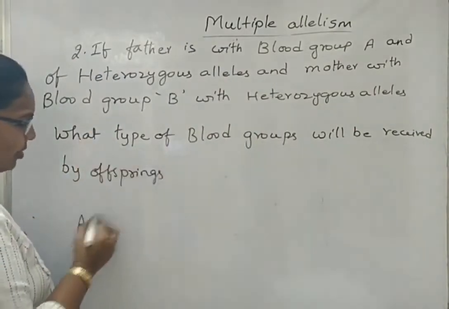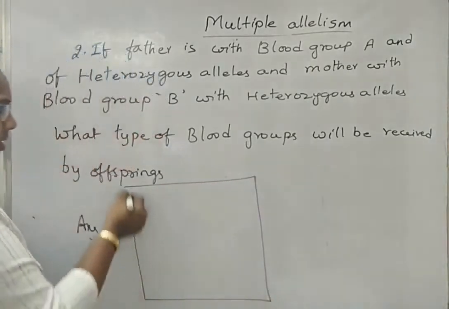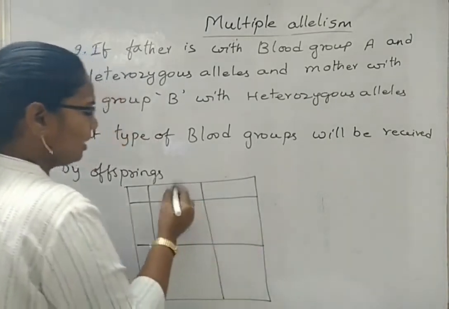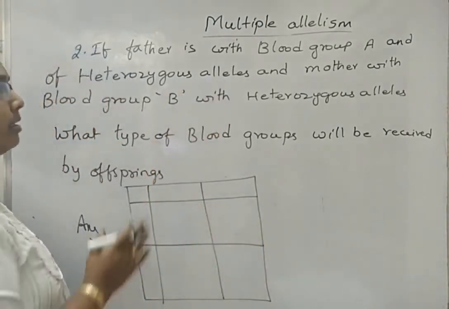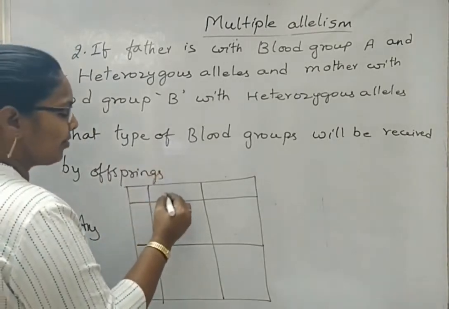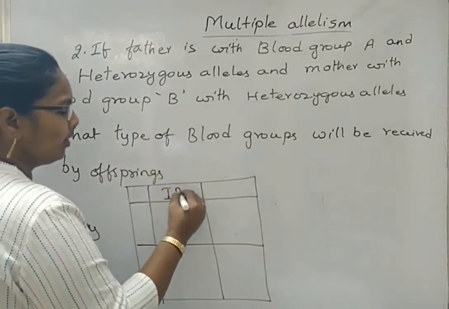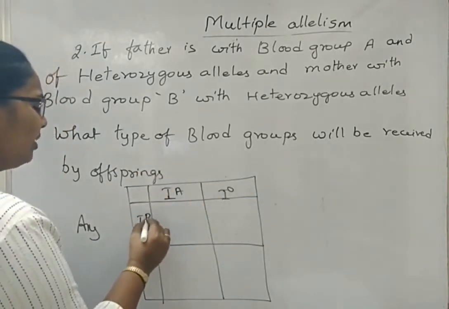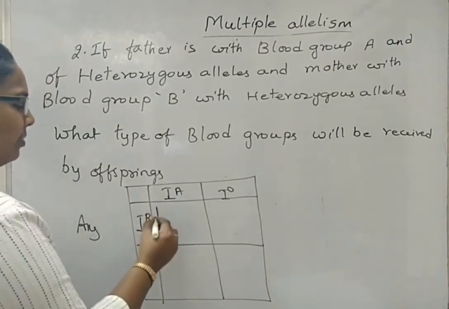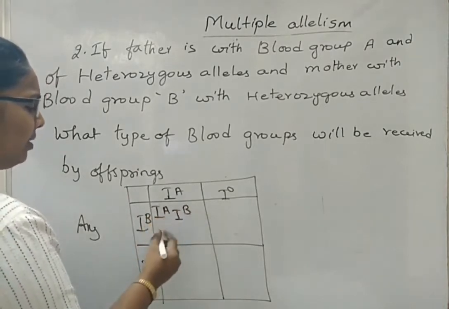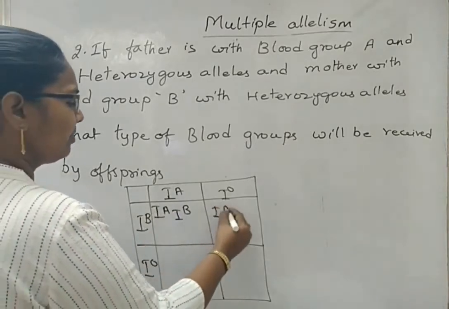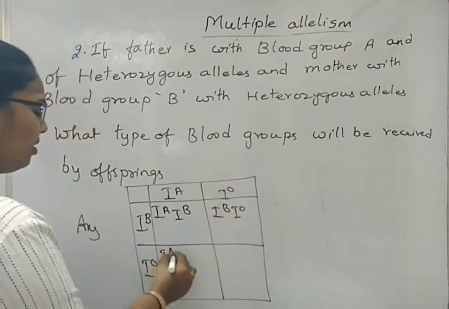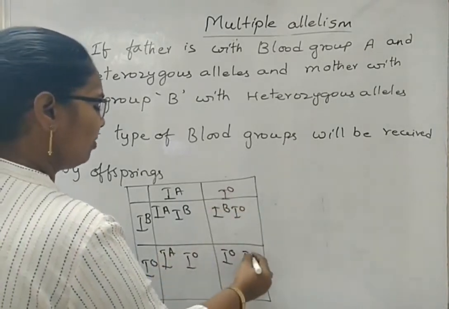So, for this also, let's frame one Punnett square and see the types of blood groups. Since in the question it was asked like heterozygous of a father, that is immunoglobulin A, immunoglobulin O. Next, of mother, immunoglobulin B, immunoglobulin O. Now, the offsprings have a chance of receiving this pair of alleles or this pair of alleles or purely homozygous.